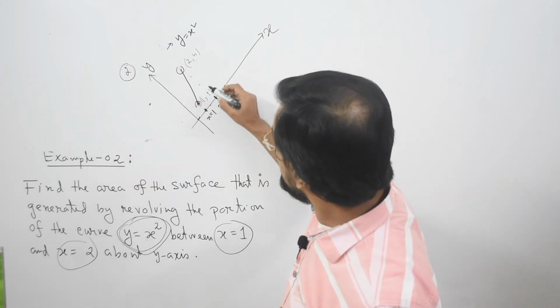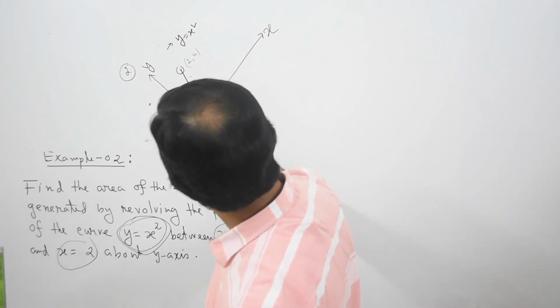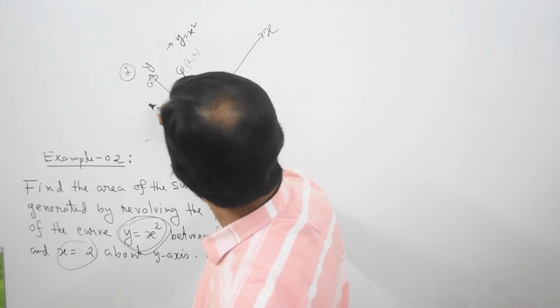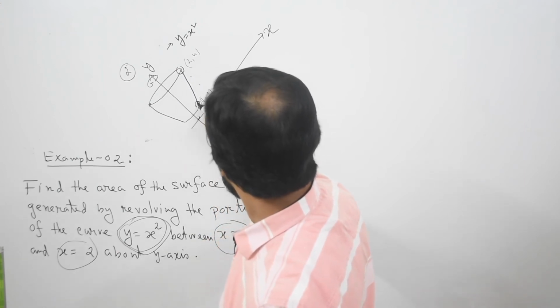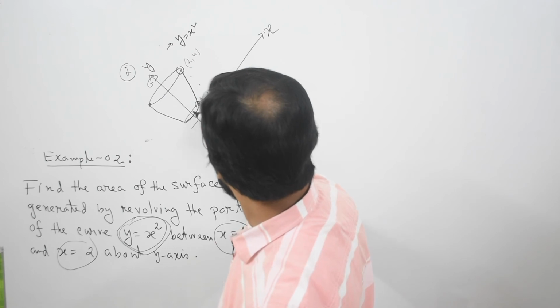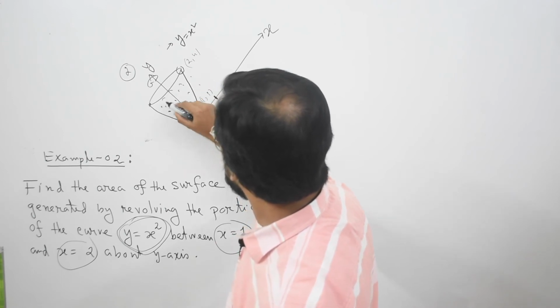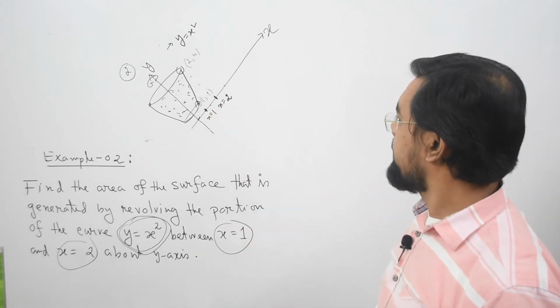Now if we revolve the portion of this curve about the y-axis, then you will get a solid with empty interior, which will look like this, and we want to know the area of this surface of revolution.